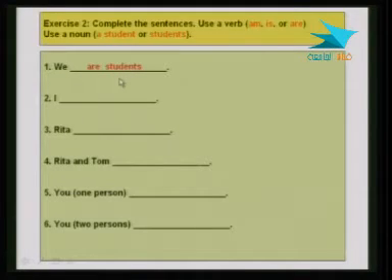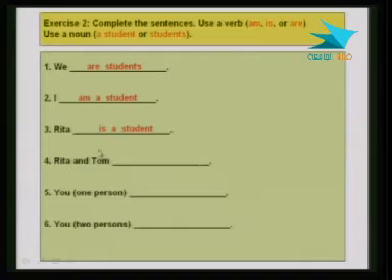The second example is I, and of course I am a student. Rita, that's also singular. Rita is a student. With Rita, because it is a singular noun, Rita is a student.